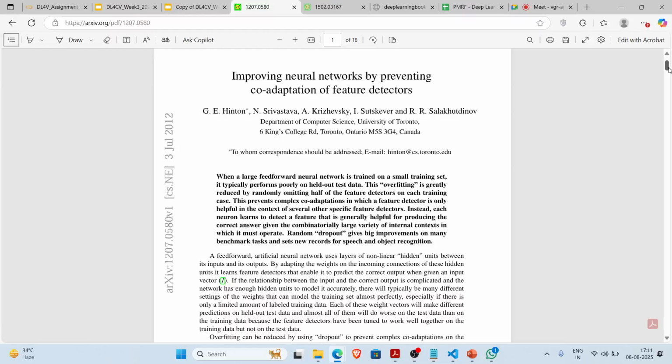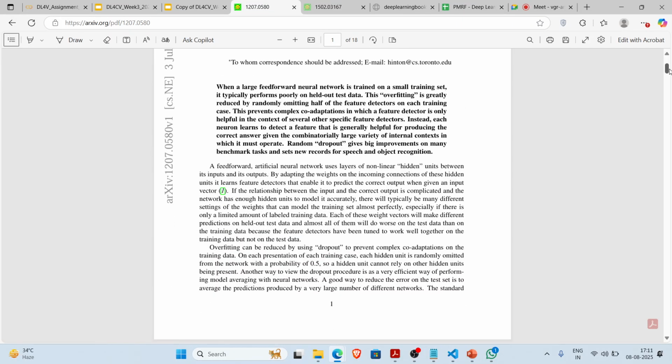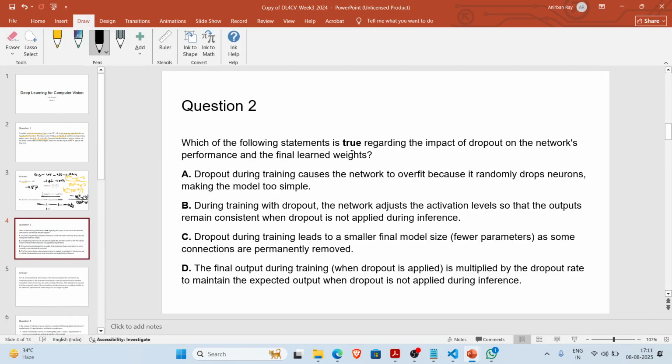As you can see, what happens in dropout is that you have a neural network model with connections like this.